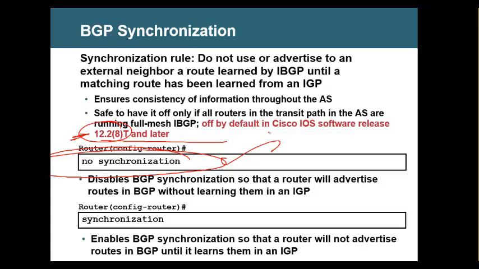Now, this rule says if you need to advertise any external route that you learned, make sure that route is well known to IGP. Only then you can advertise. Who will accept it? No one will accept it.